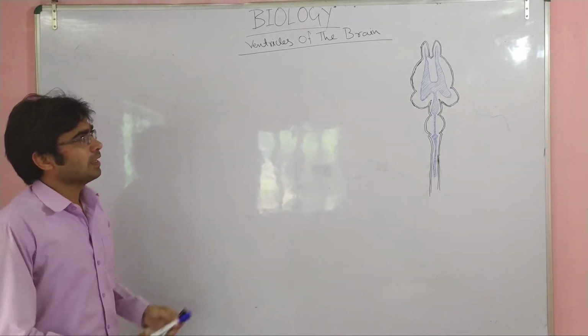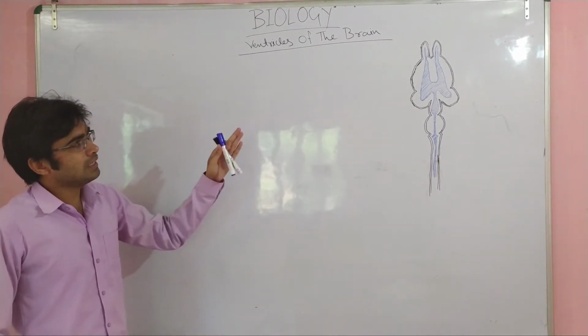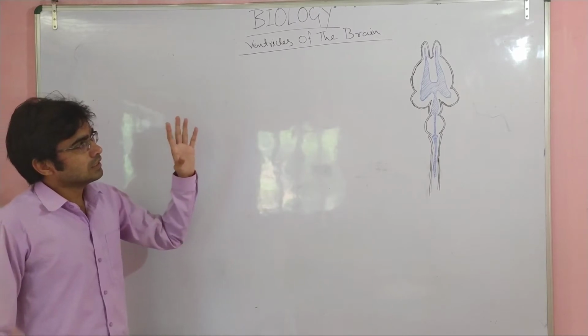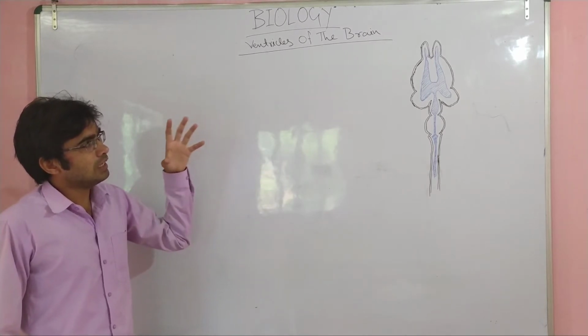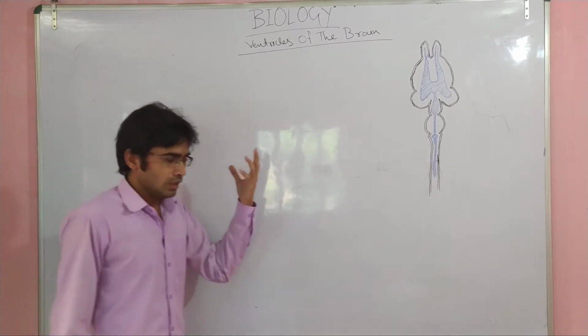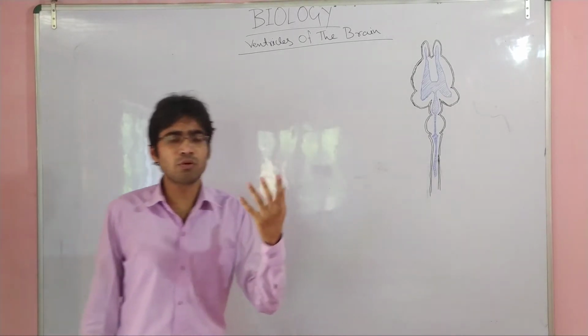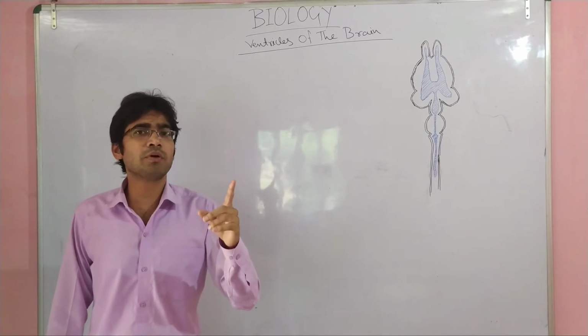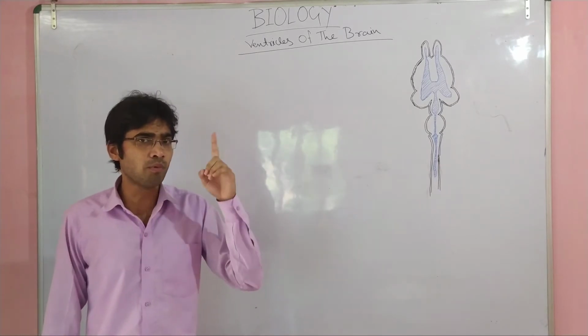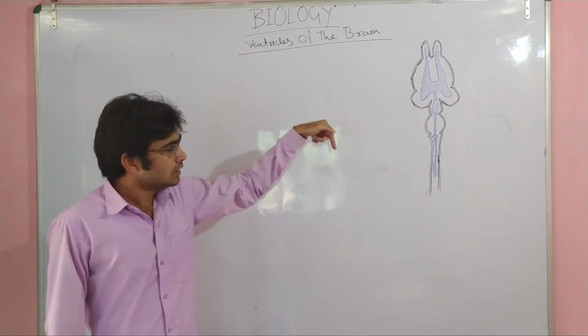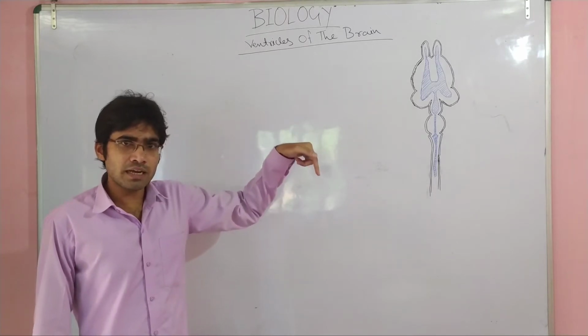So first, the mammalian central nervous system is hollow. The brain consists of 4 ventricles, and the spinal cord possesses a central canal, and that central canal is hollow.